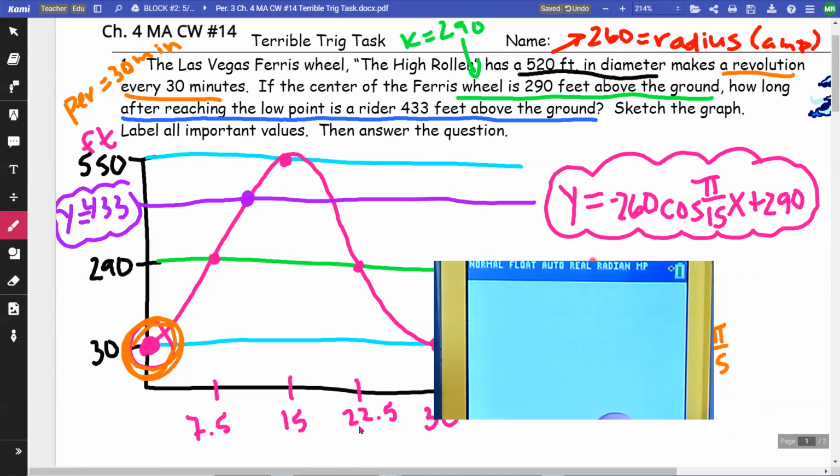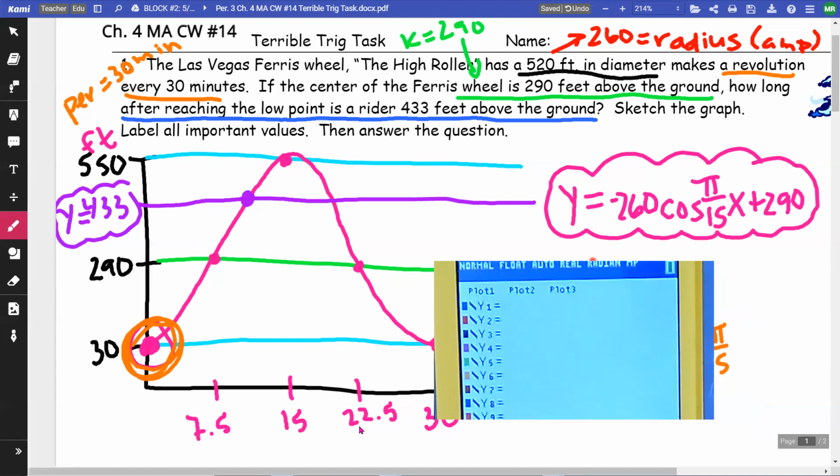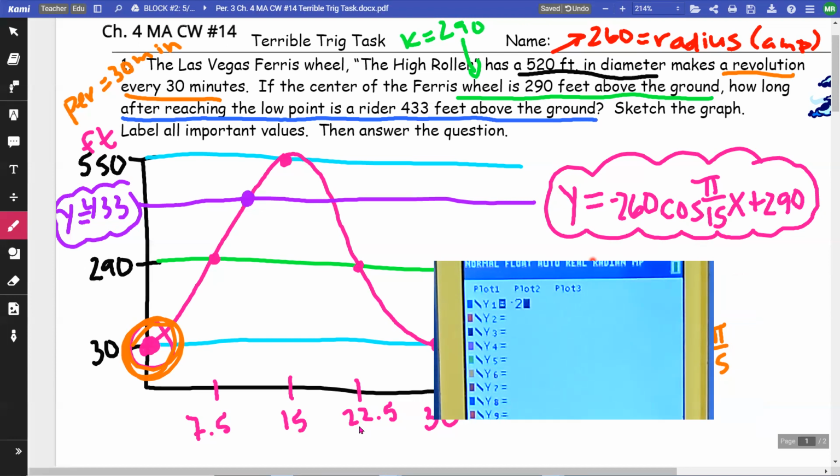Okay, I'm going to put it in y equals. And so I'm going to go negative 260 cosine of pi over 15 times x, plus 290.